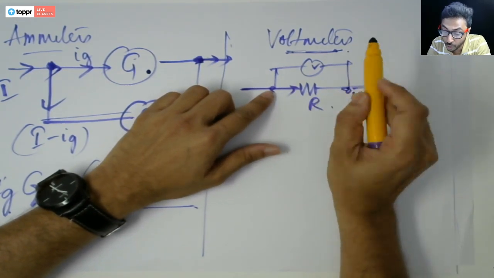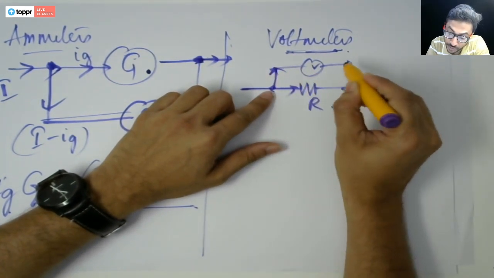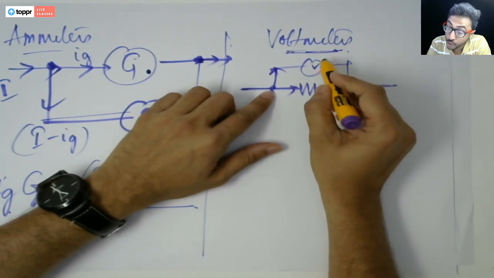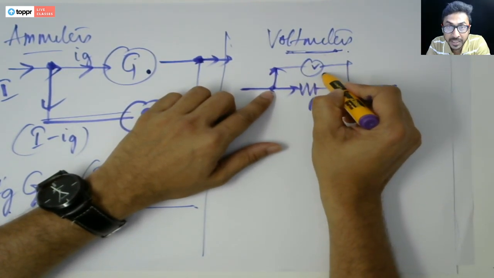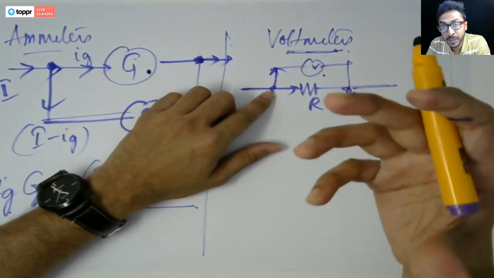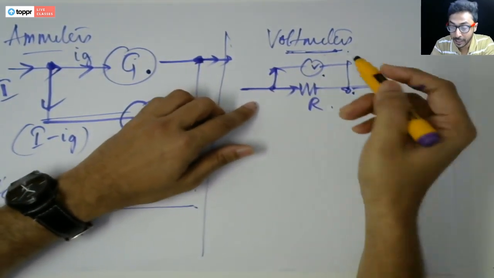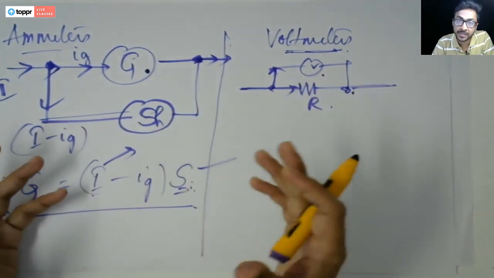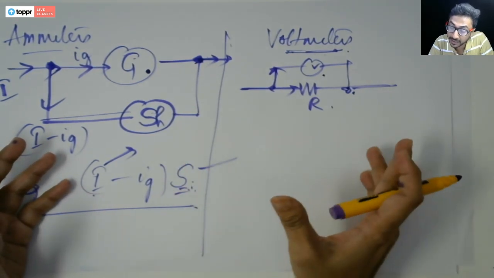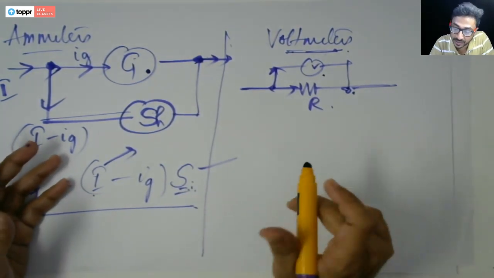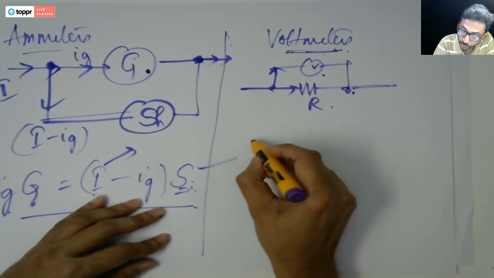So we should ensure that the current flowing through the voltmeter is very, very less. So definitely the voltmeter's resistance will be much, much higher, isn't it? To make the resistance much higher, we can attach a resistance in series with the galvanometer.